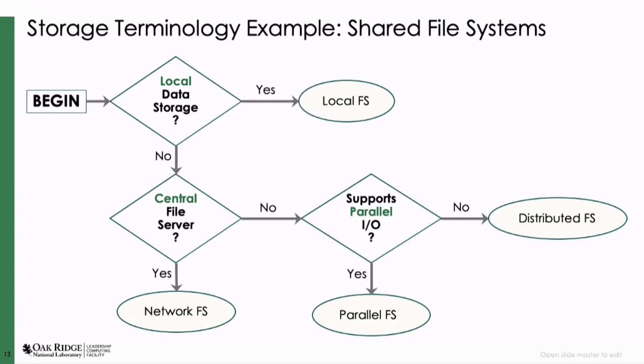Am I talking to a single server? Is it centralized? If so, it's probably what I would refer to as a network file system. This is just remote access to data over the network. If not, we're not central, so we're distributed. But does it support parallel I/O? If so, let's call it a parallel file system. If not, it's a distributed file system.